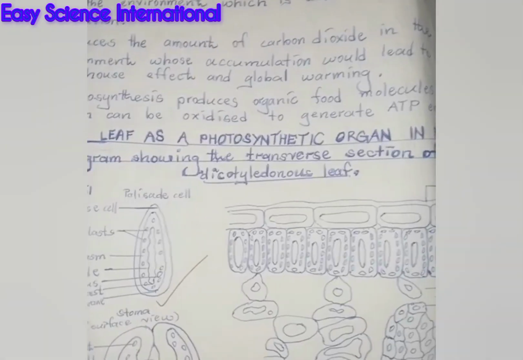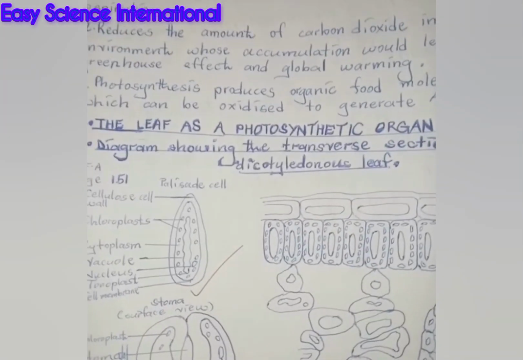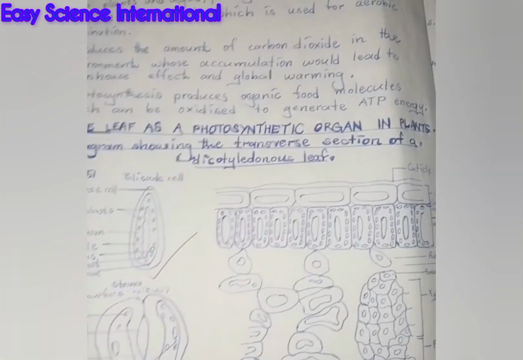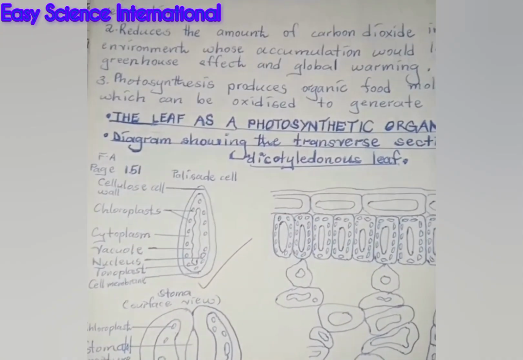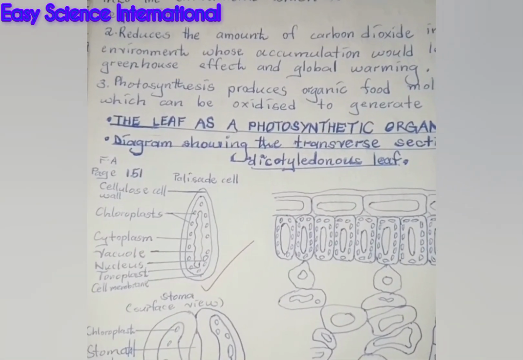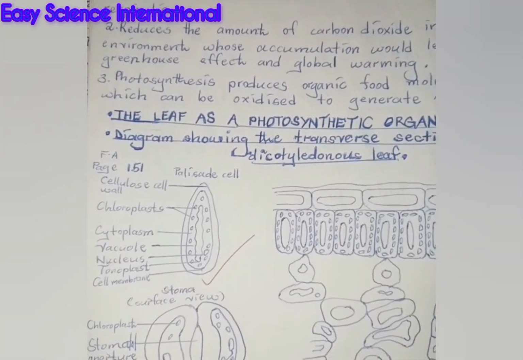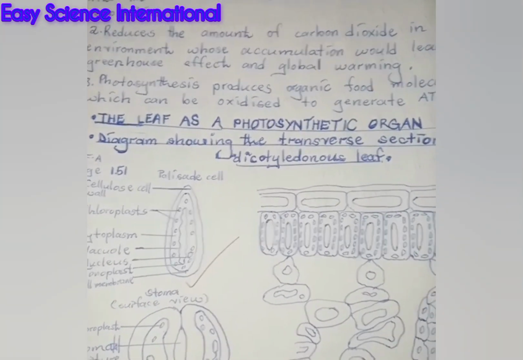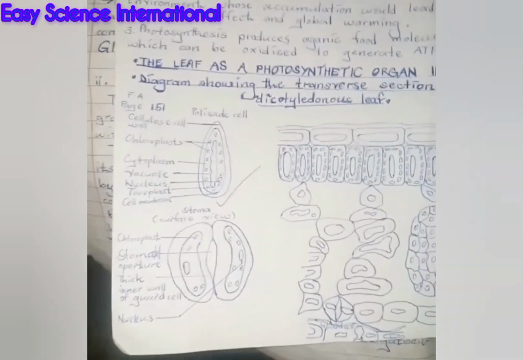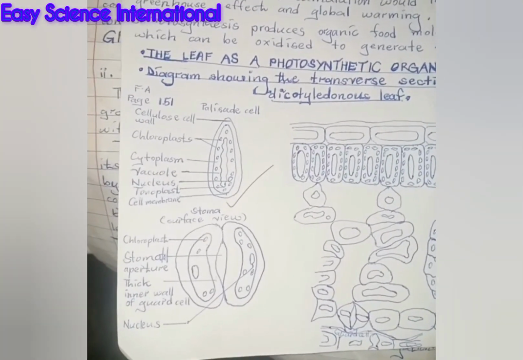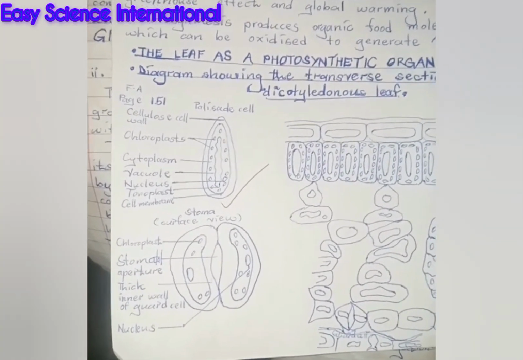The leaf, we want to look at the structure of the leaf as the photosynthetic organ in plants. And this diagram, we can also get it in Function Approach, page 151. The diagram showing the transverse section of a dicotyledonous leaf. Basically, we first look at the palisade cell.